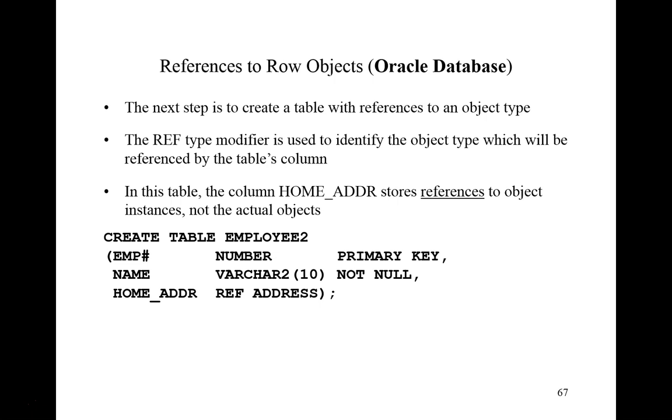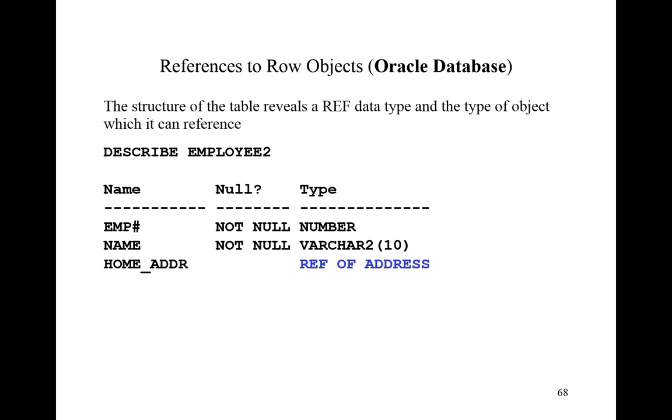And it will be possible to have more than one row in the employee table referencing the same address object in the object table. If we examine the structure of employee2, what we see is the data type for home address indicates that it is a reference. It's a ref. But specifically, what does it refer to? It's a reference to an address object.